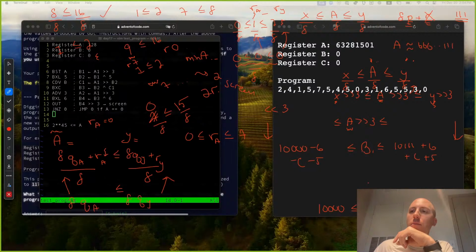And then there's also kind of the maximum here too. We don't really care about the maximum, unless maybe we do.